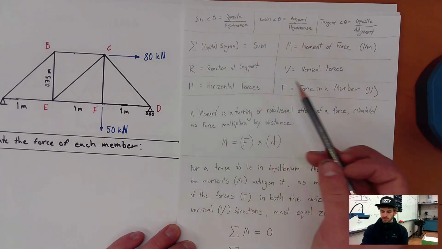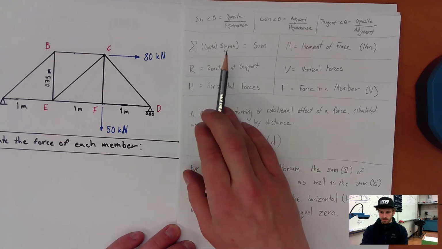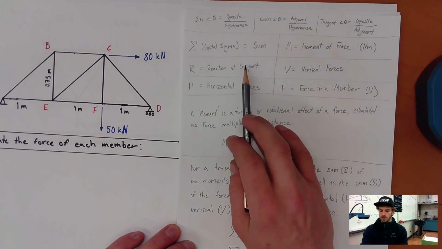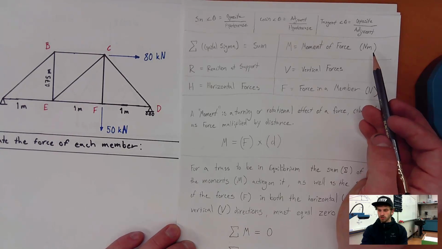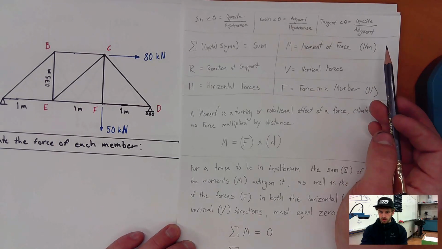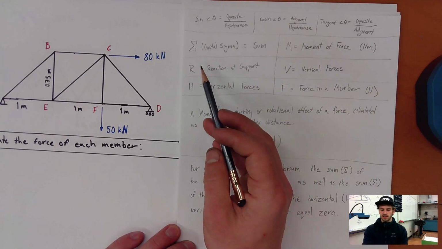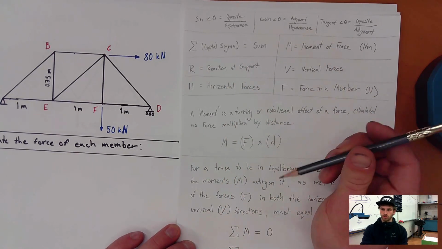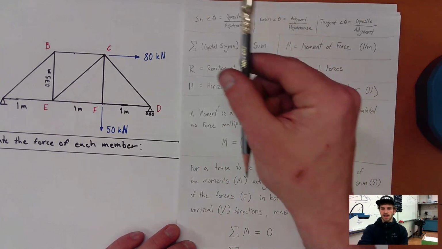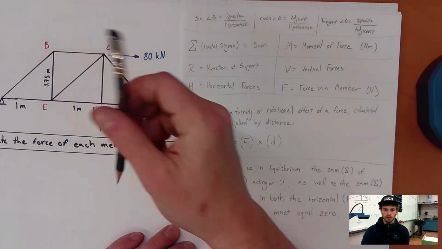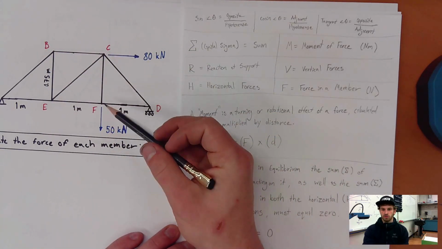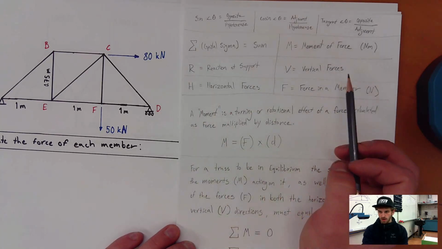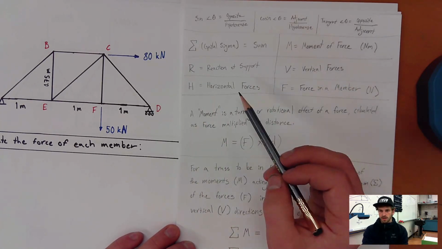We've got our terms. Capital sigma stands for sum. M is a moment of force measured in newton meters. R is the opposing reaction at a support. V is the vertical forces, so all the forces acting down on the truss, so usually you'd see something like the sum of all of the vertical forces.